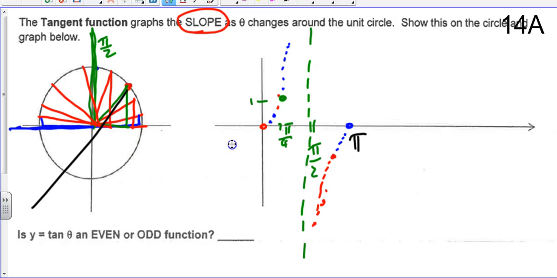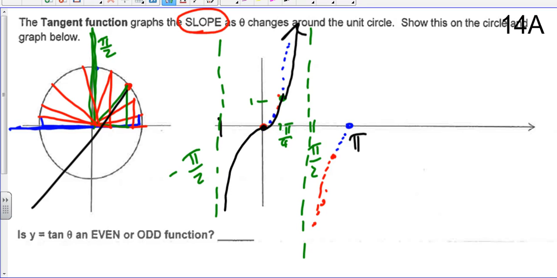All right, so here's what the tangent graph does. It goes through 0, 0. It goes through pi over 4, 1 if you wanted another ordered pair, and then it gets infinitely large. On this side, it has an undefined place at negative pi over 2, or a vertical asymptote, and it would get negative.